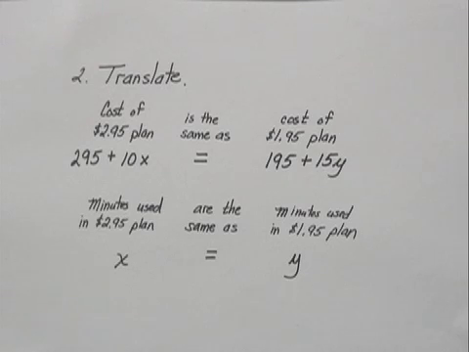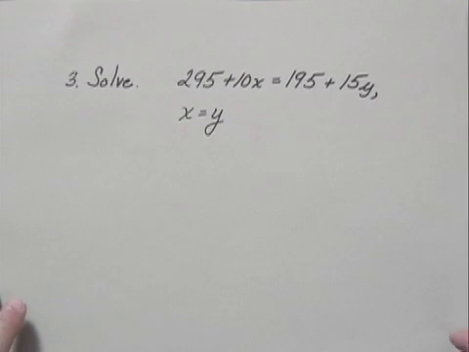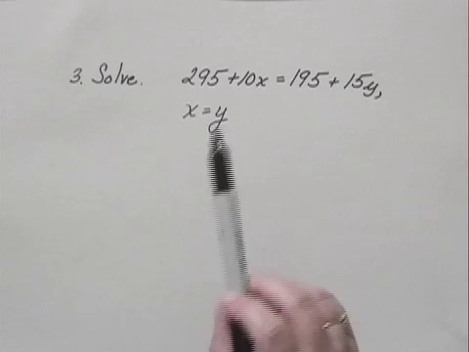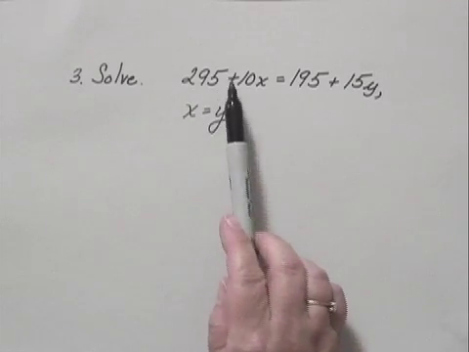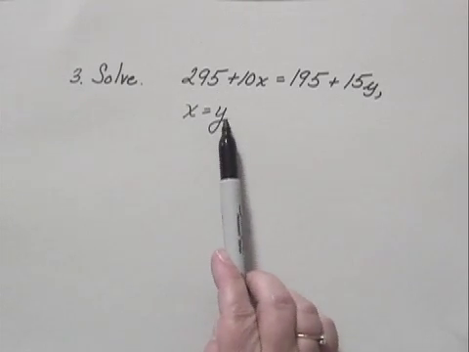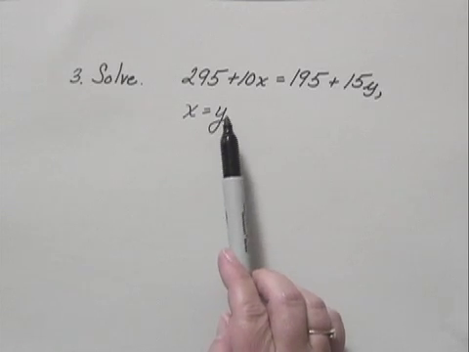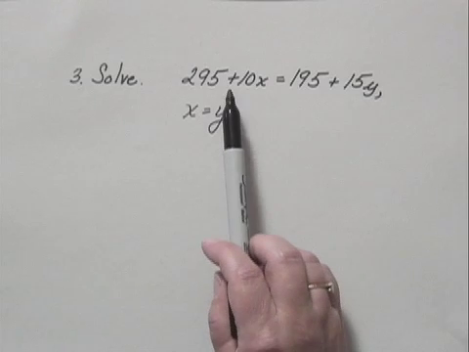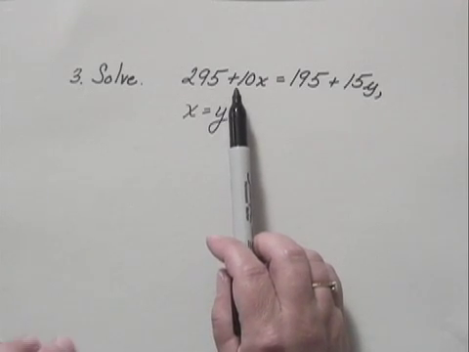So, with that good work done in the first two steps, we can move to the third step, which is to solve this system of equations. Now, the first equation looks a little complicated, but the second one's very simple, x equals y. So we can use substitution. I can substitute x for y in equation 1, and I can solve for x.